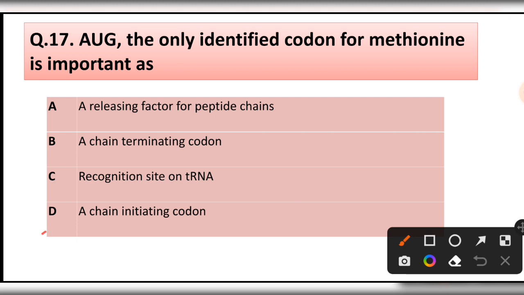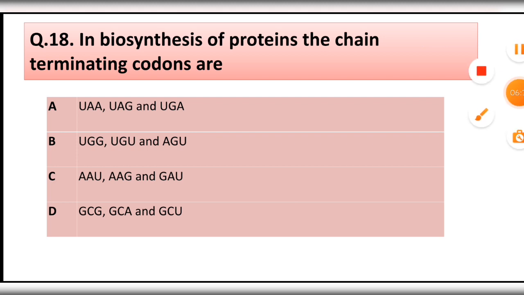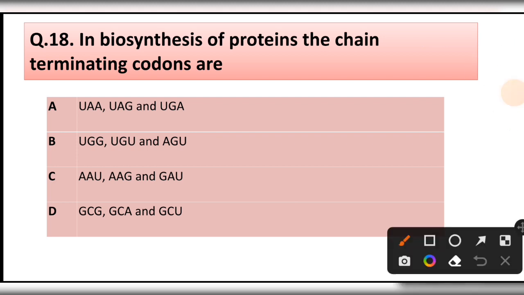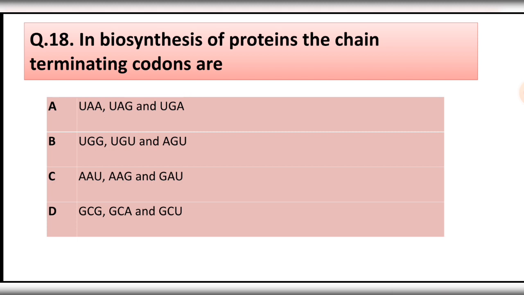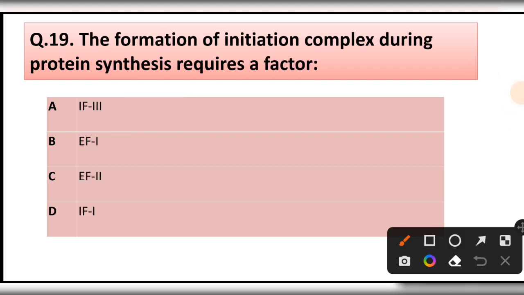Correct answer is option D, a chain initiating codon. 18. In biosynthesis of protein, the chain terminating codons are. Correct answer is option A, UAA, UAG and UGA. 19. The formation of initiation complex during protein synthesis requires factor. Correct answer is option A, prolongation factor 3.